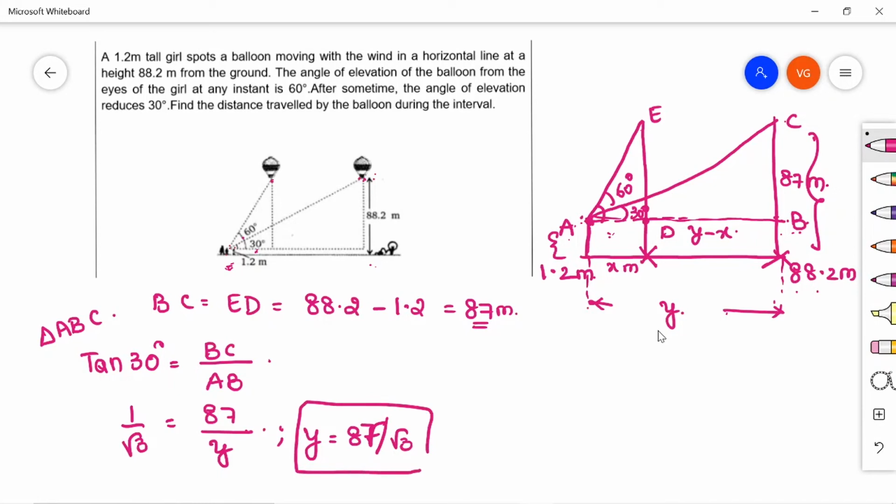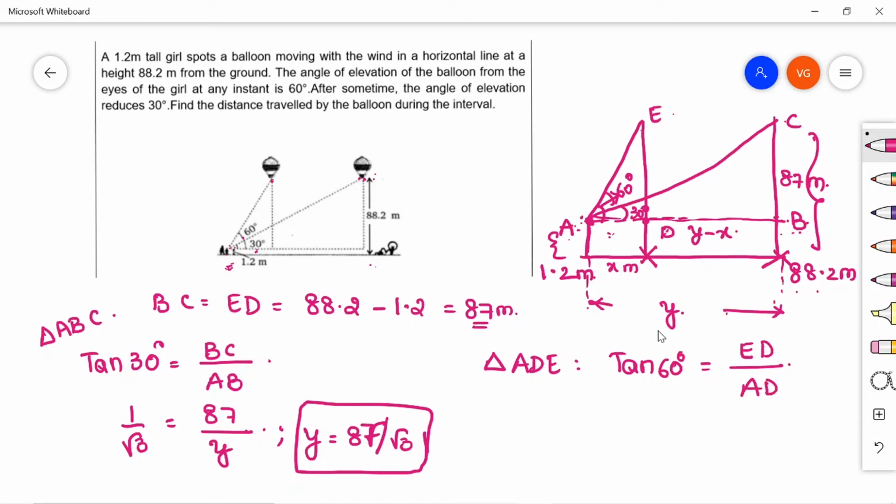Similarly, write down for X from triangle ADE. Tan 60 degrees is equal to the opposite side ED divided by the adjacent side AD.